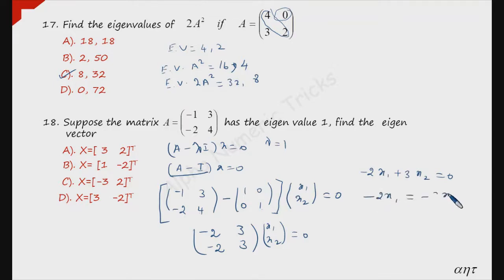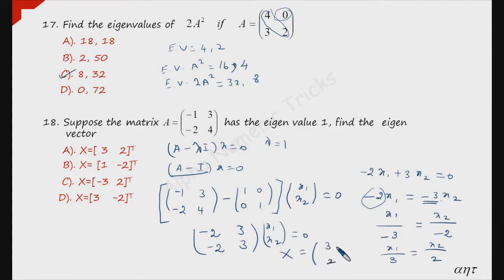Take this term to the other side and cross multiply: x1 by minus 3 is equal to x2 by minus 2, or you can write both terms without the minus, x1 by 3 is equal to x2 by 2. So 3, 2 is the eigenvector. That is, the eigenvector x is equal to 3, 2.